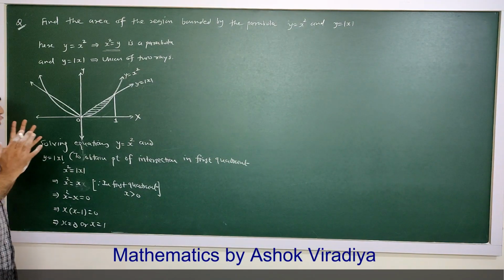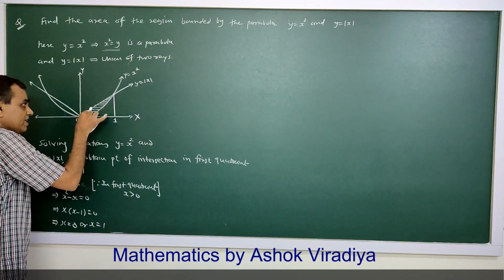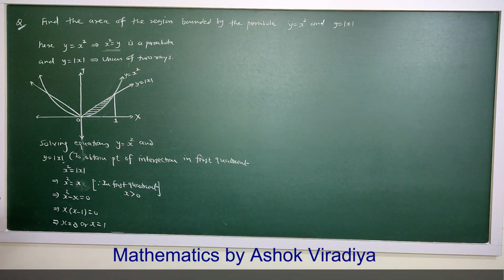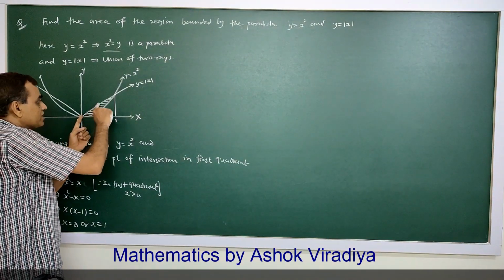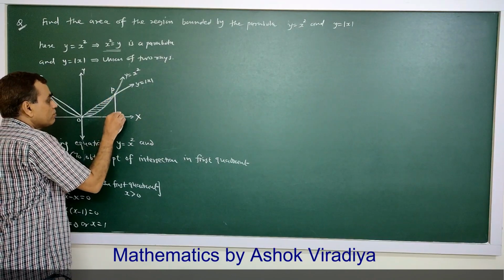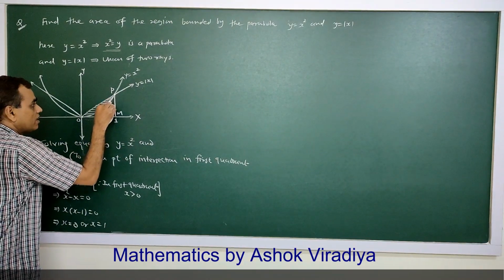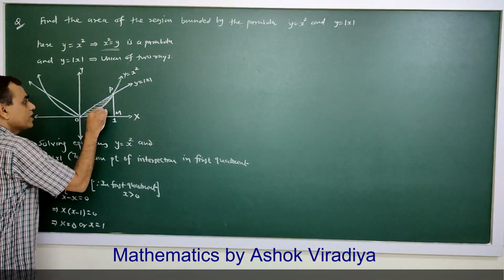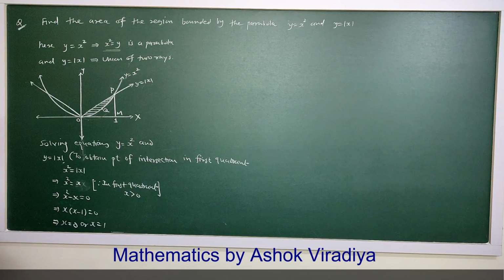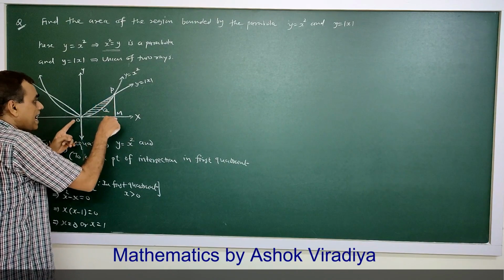Now to obtain the area of the region between this line and this curve, first of all we will find the area of this triangle. Let me keep here point P and here point M. On this curve part, suppose I am putting one extra point Q. So now we can define the area of triangle OPM.